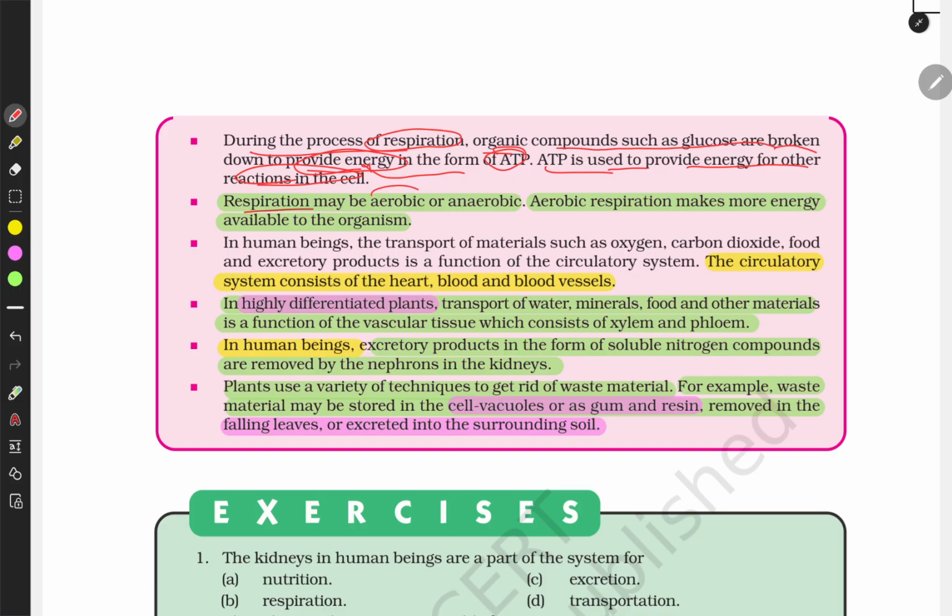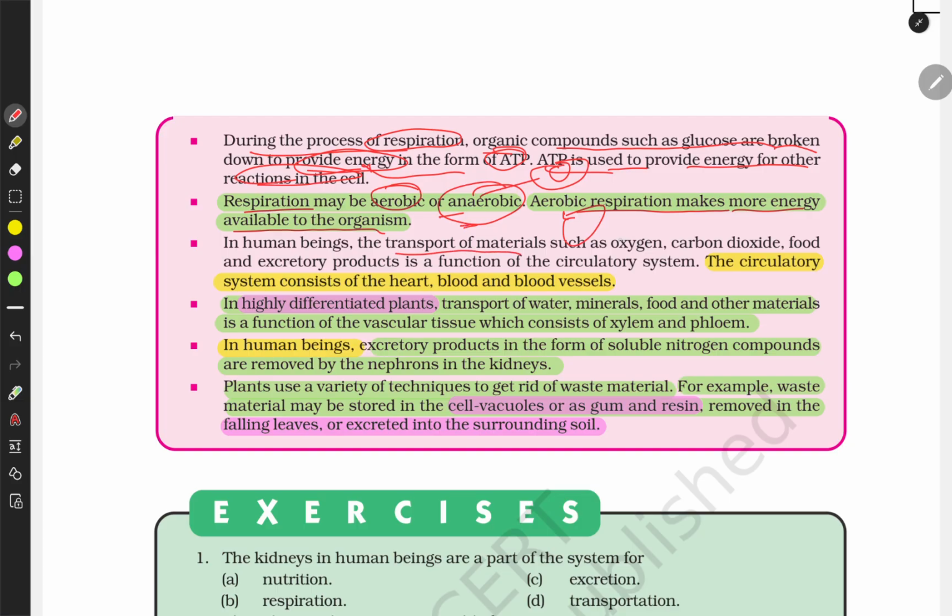Respiration may be aerobic or anaerobic. Aerobic respiration makes more energy and happens in the mitochondria, while anaerobic reactions happen in the cytoplasm of a cell and create low energy.